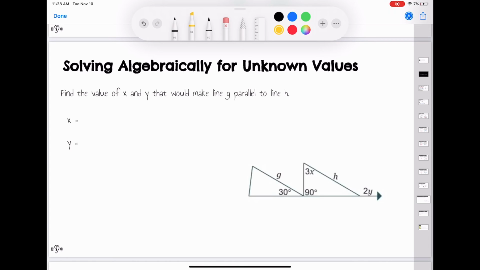It's asking us to find the value of x and y that would make line G parallel to line H. So we want to make line G parallel to line H. Well, let's see how we can do this. Let's first look for x.